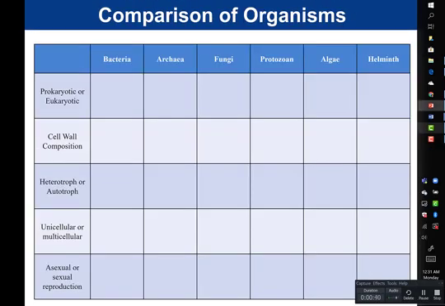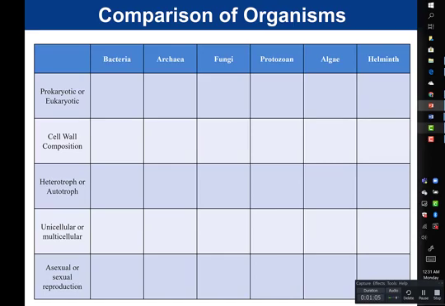So this next part is something that you are going to do in the discussion. We are going to compare and contrast the various types of organisms. So for bacteria, you would fill this in. Are they prokaryotic or eukaryotic? You want to go back through your notes and fill that in. For bacteria, what is the composition of their cell wall?